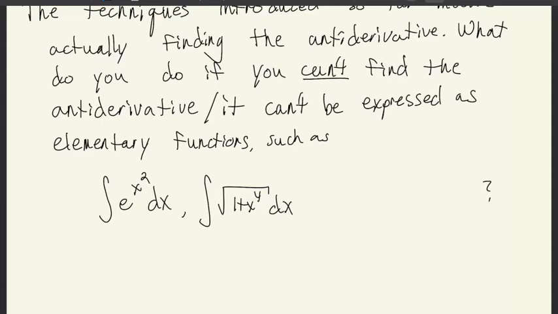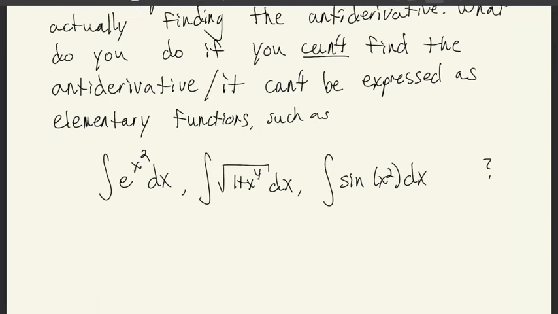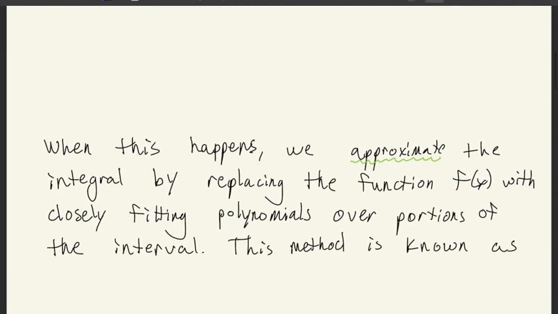It looks like a squared plus x squared, so use a trigonometric substitution, but the fact that you have x to the 4th here really screws that up. And you have the integral of sine of x squared dx. These we can't integrate. There is no elementary function to write down for these integrals.